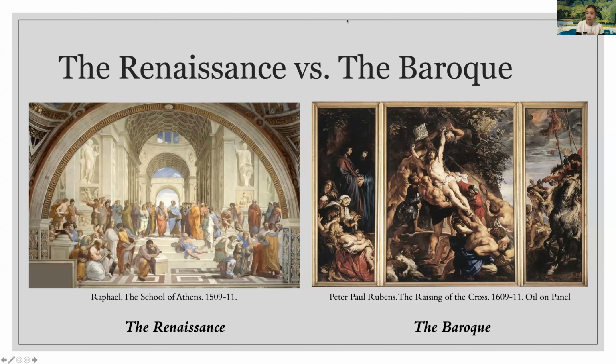So again, Raphael's painting, the left one, follows the perspective rule, which means it is well balanced, right? So it is calm and peaceful and bright and logical.